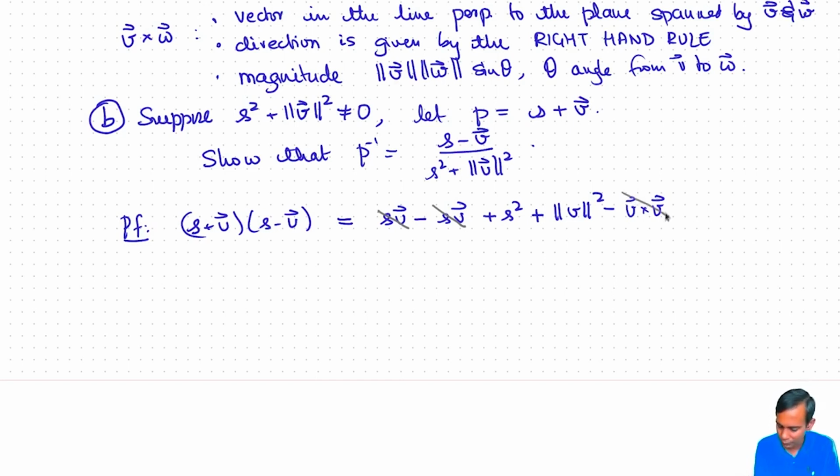So that sine term will kill it, and what we get is just S squared plus V squared. This is just a multiple of 1, so you can think of this as a scalar multiple, and from this the identity follows.